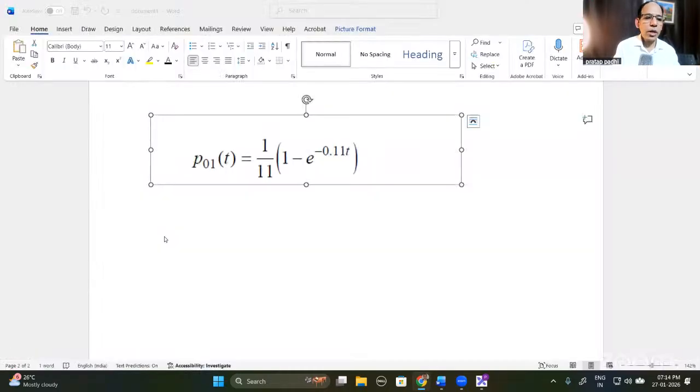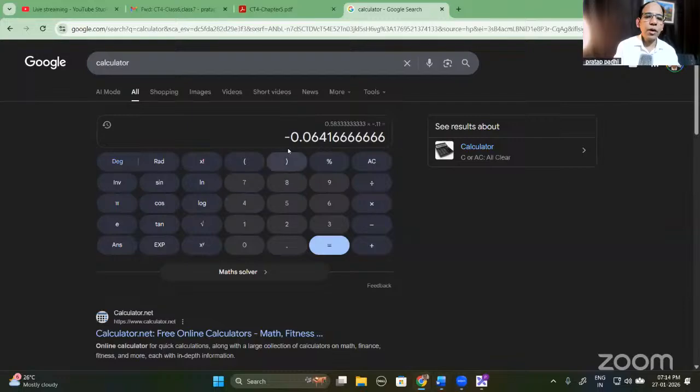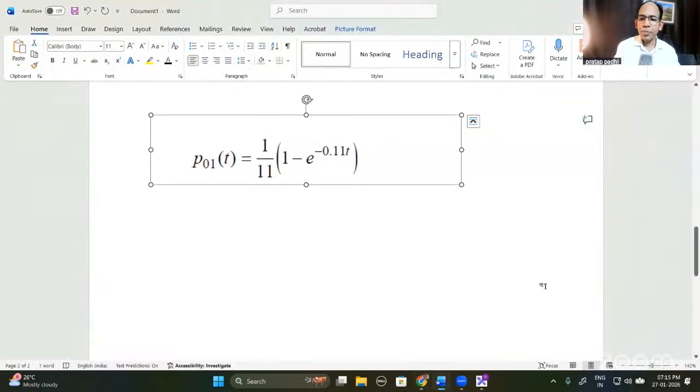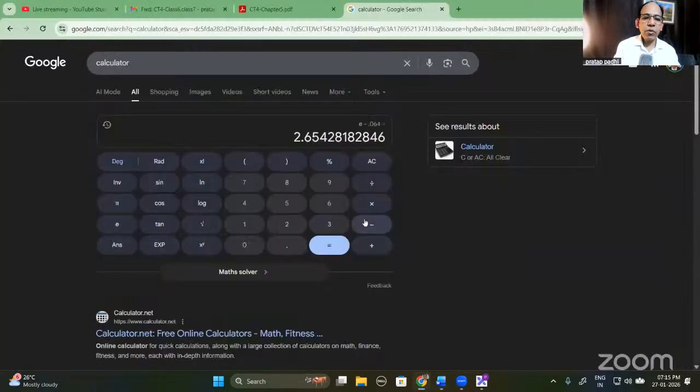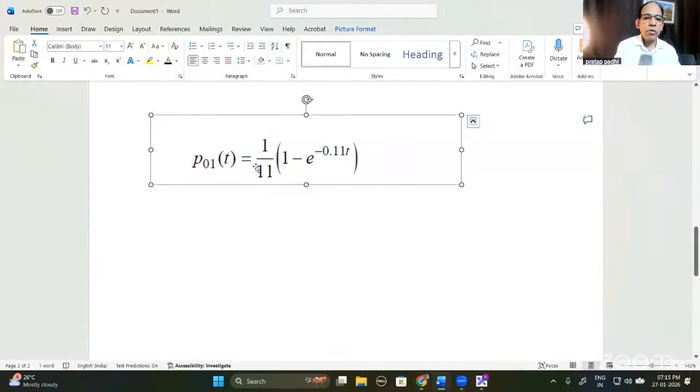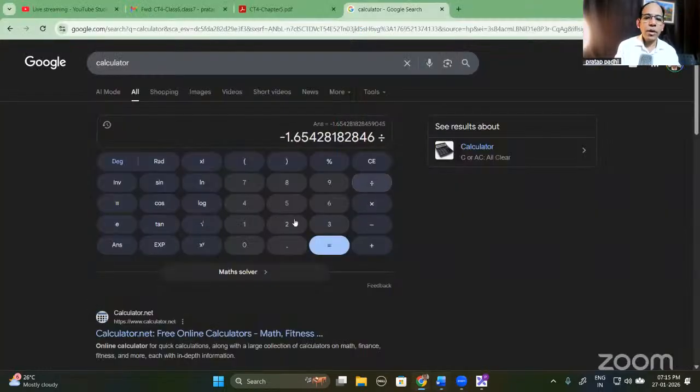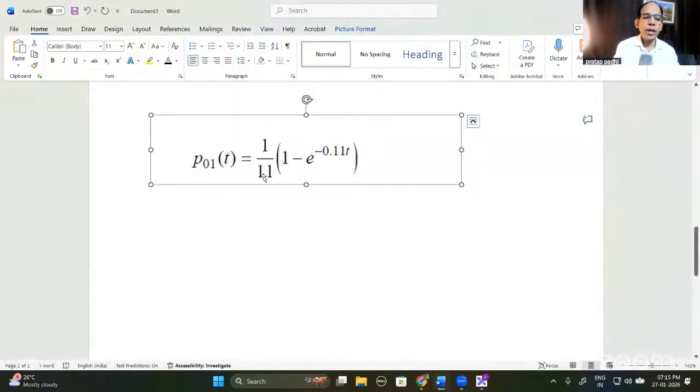Even if it's not correct, we'll accept e power minus 0.064. Done. Then 1 minus 1 is done, multiplied by minus 1. So I got this divided by 11, which is minus 0.15.